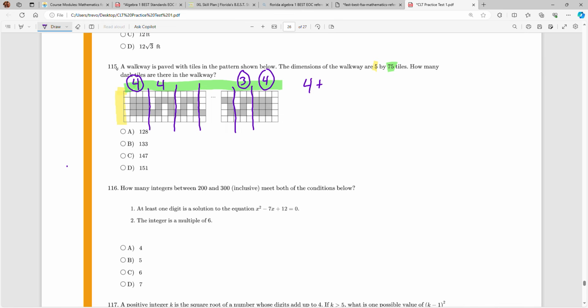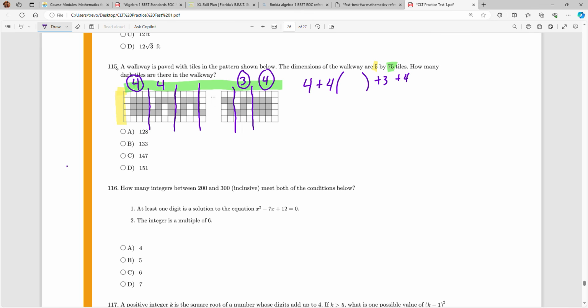So we have 4, plus 4 times however many times the pattern repeats, plus 3 plus 4.